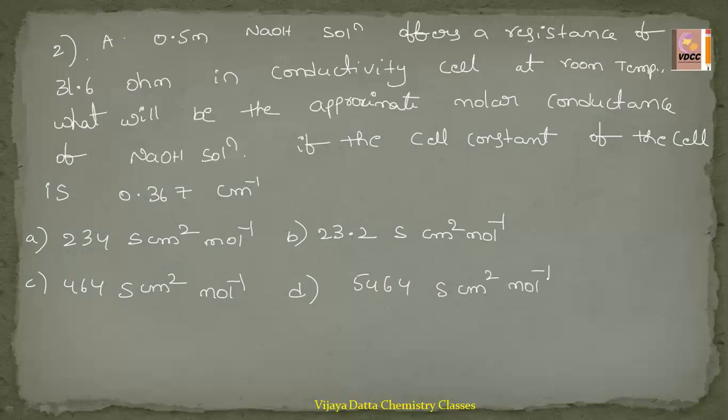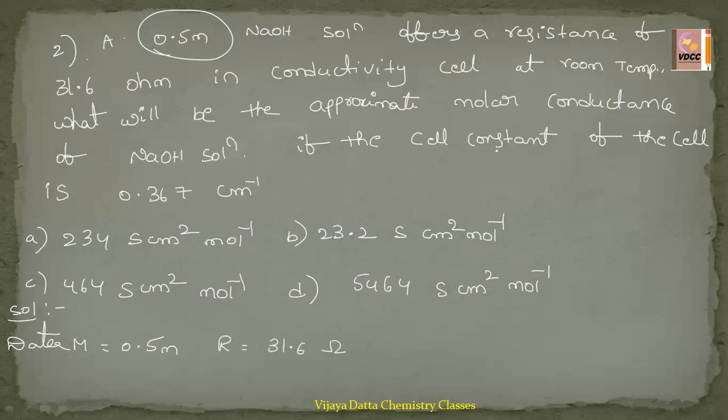So what he has given, let us see. 0.5 molar NaOH solution, so the molarity capital M is 0.5. This is the data he has given. Resistance R is given as 31.6 ohm in a conductivity cell at room temperature.